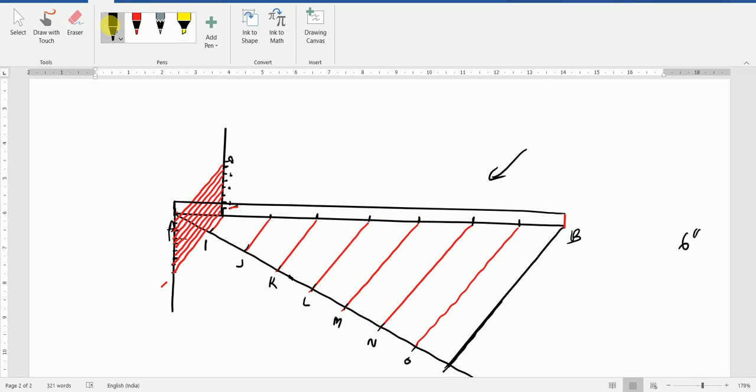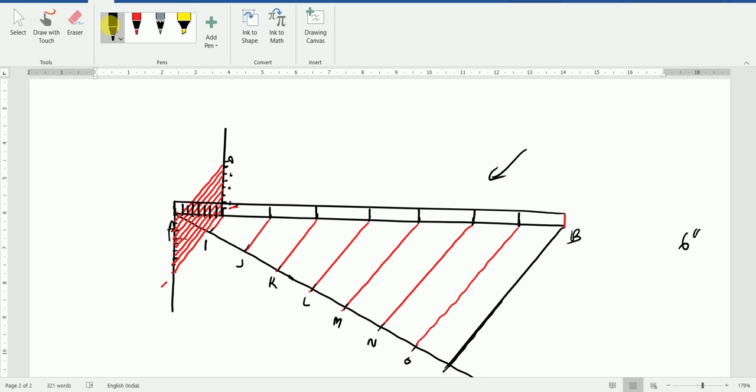and erect perpendicular lines from here, from this O also, and from here also. Just at the point of intersection, you must erect these perpendicular lines. 1, 2, 3, 4, 5, 6, 7, and then the last one is 8.